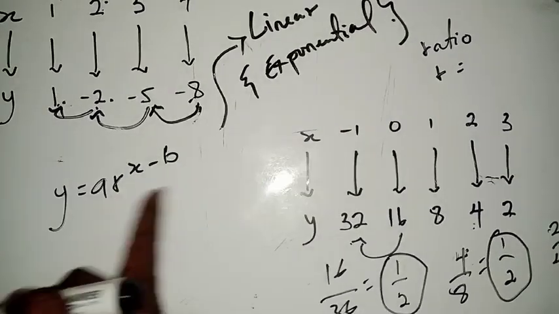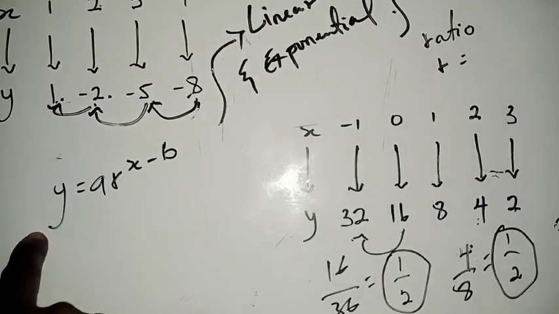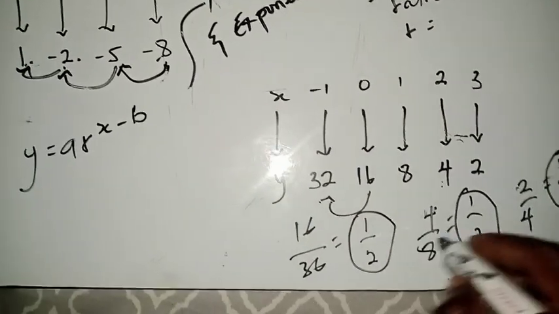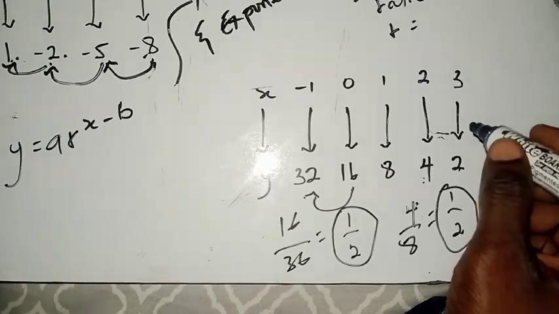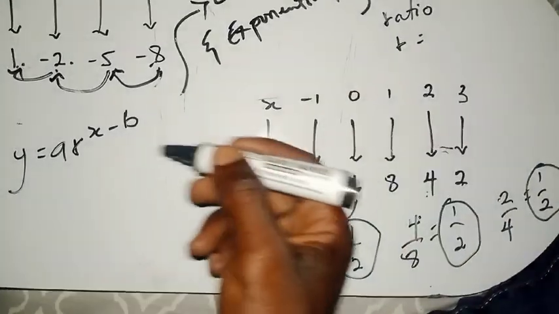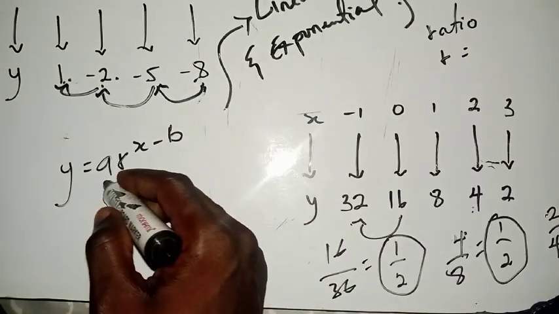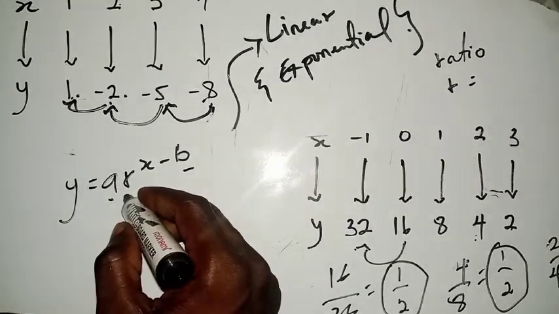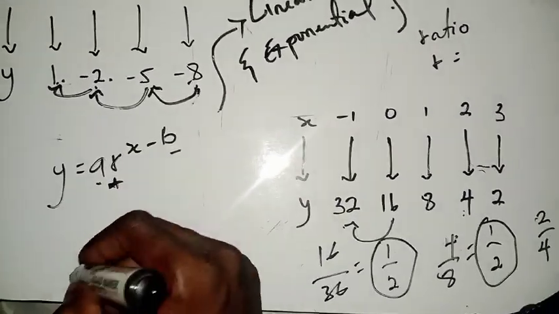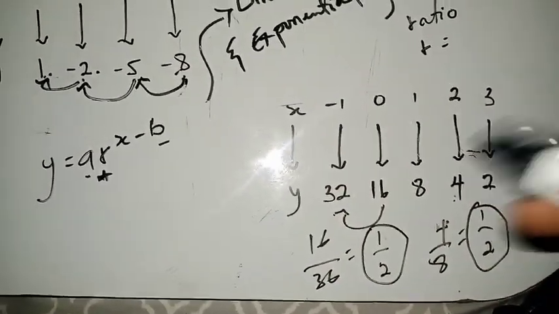So this is the image behind the exponential one. So as usual, we are going to find the values of A and B, and then here's another one, which we call R, because that was the R that we used to find that.